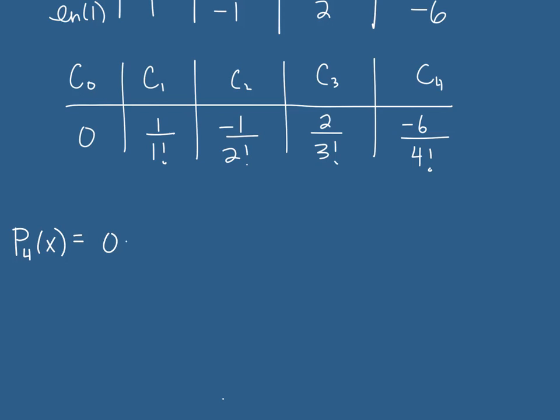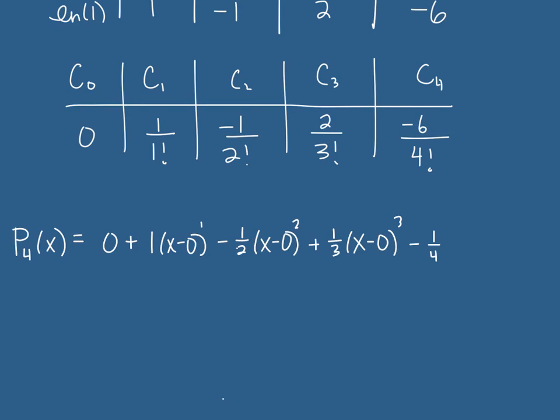So this will be 0 plus 1 times x minus 0 to the first, minus half of x minus 0 squared. What is 2 over 3 factorial? 1/3. And then what about negative 6 over 4 factorial?